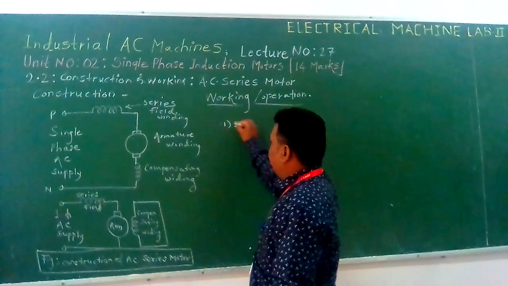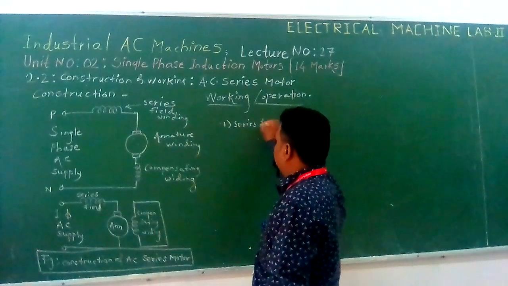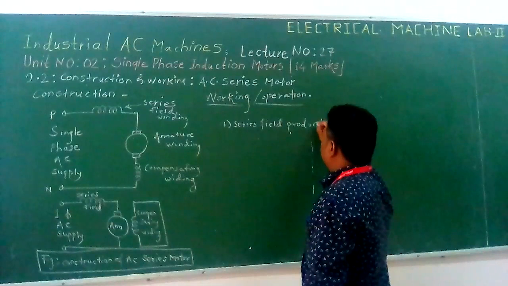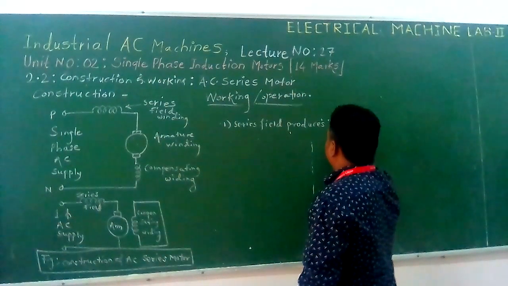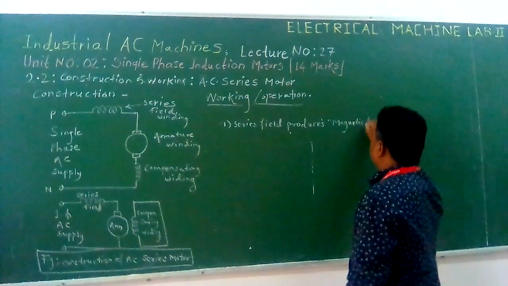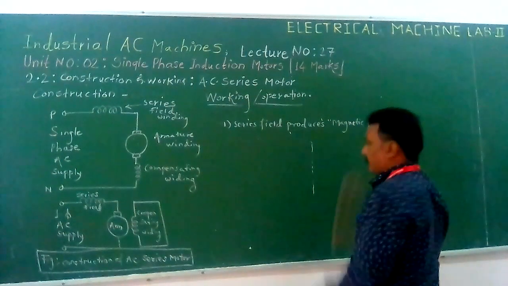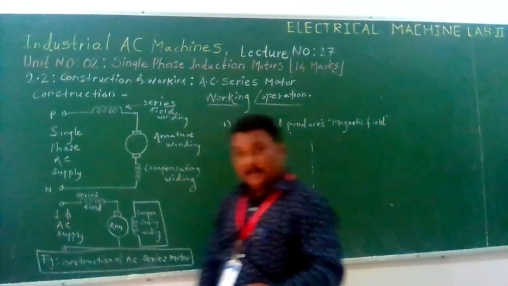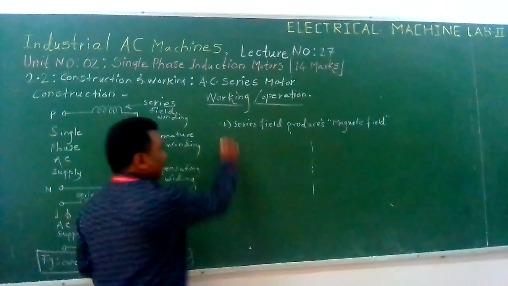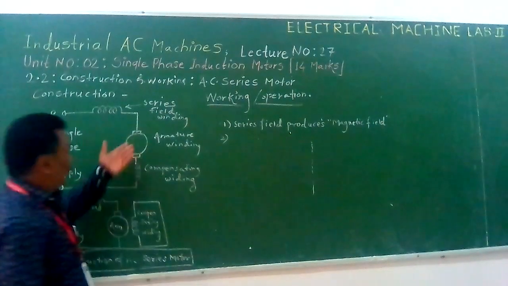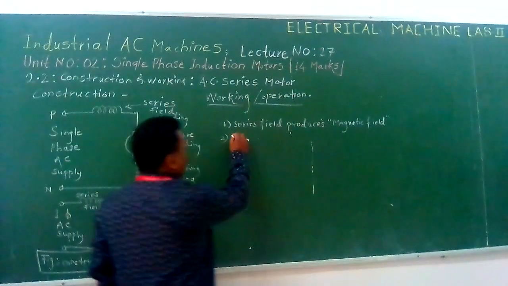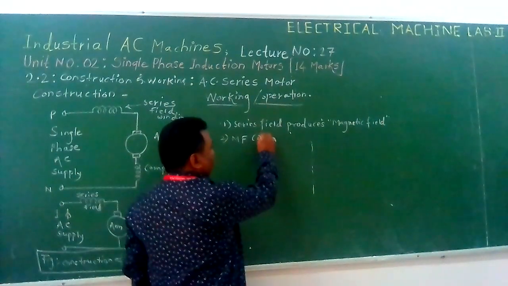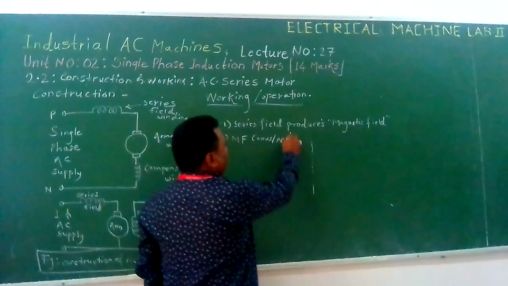So firstly the series field winding produces its magnetic field. This magnetic field appears in the air gap and links with the armature winding. The magnetic field, in short I have written here ML, appears in the air gap.